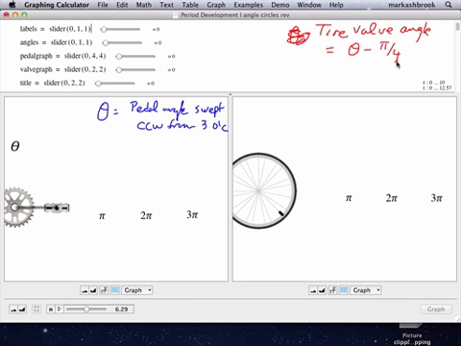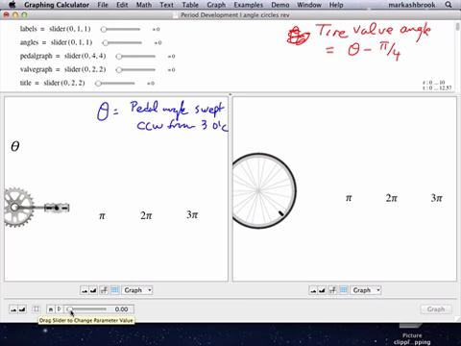So how would you describe that, just in words, without that mathematical statement? So what's going on? The tire valve is about an eighth of the way behind the pedal. Okay, he said 1/8 of the way behind. So pi over 4, is that 1/8 of a circle?